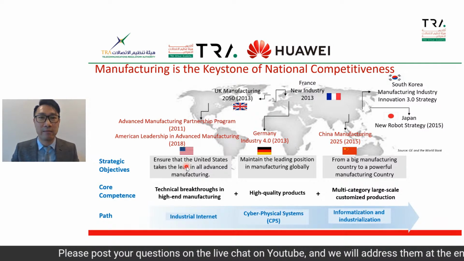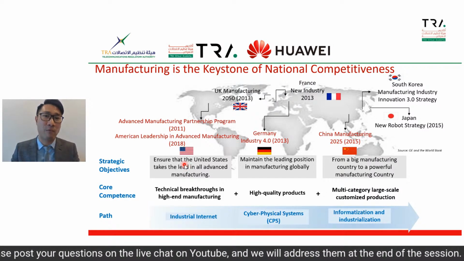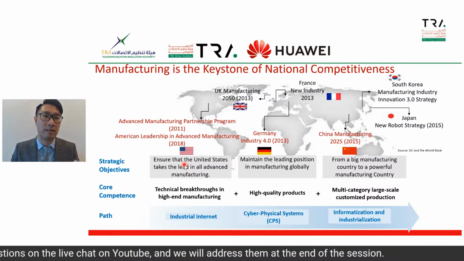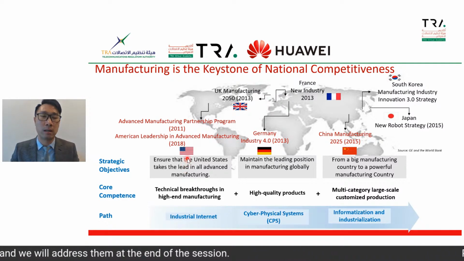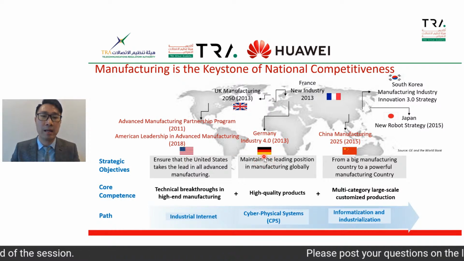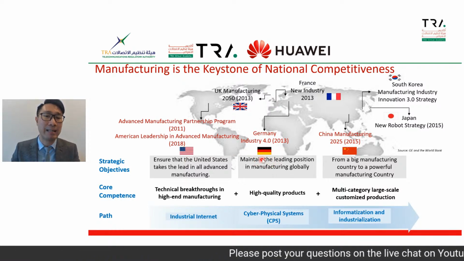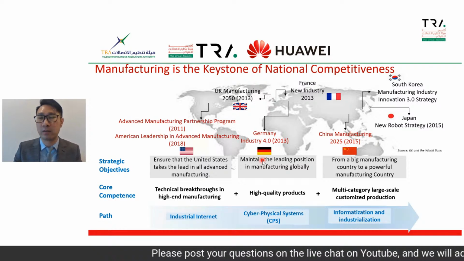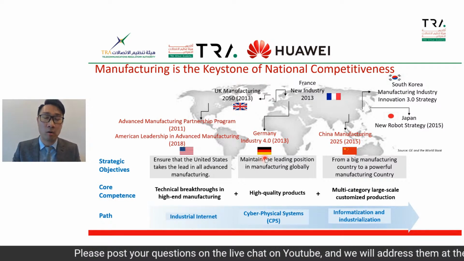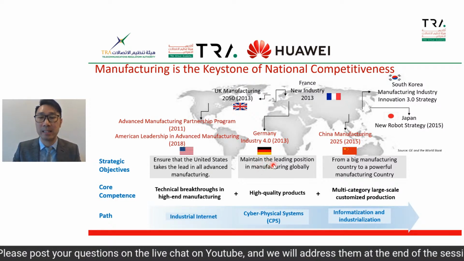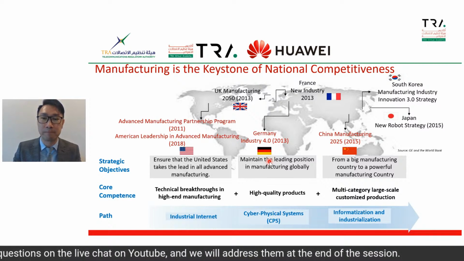They are only targeting the advanced, like the semiconductor, the wafer now, is what they are investing more in. And for Germany, they also want to maintain the leading position in manufacturing. For example, for automobiles, they are the leading position in this industry.